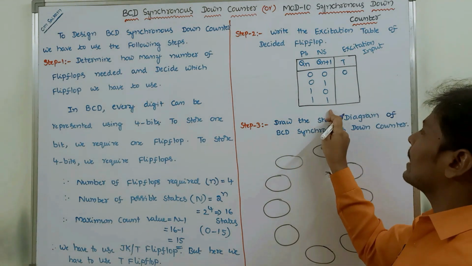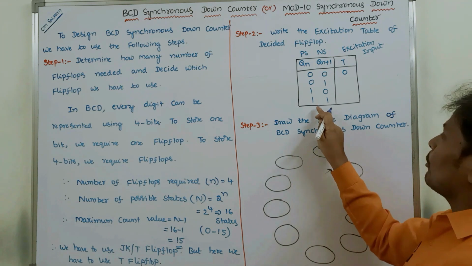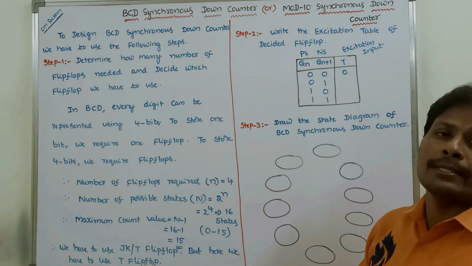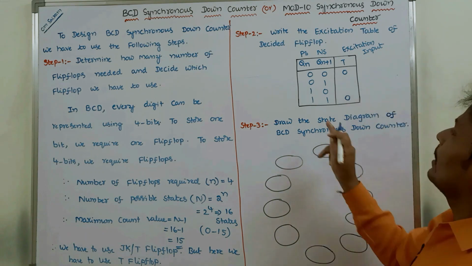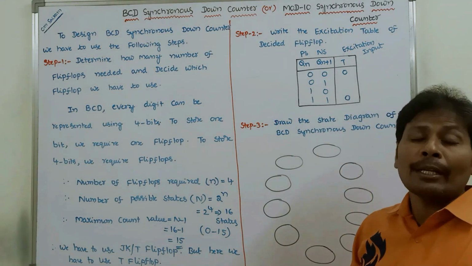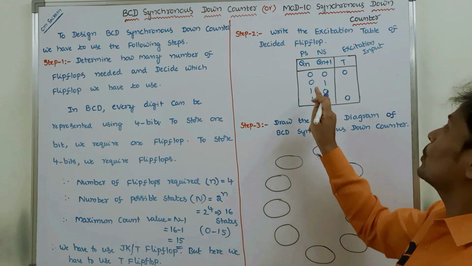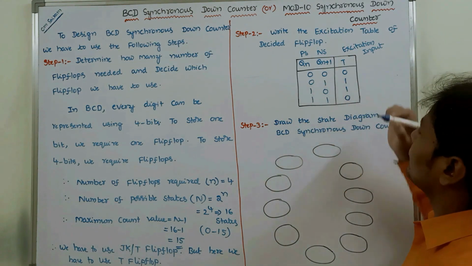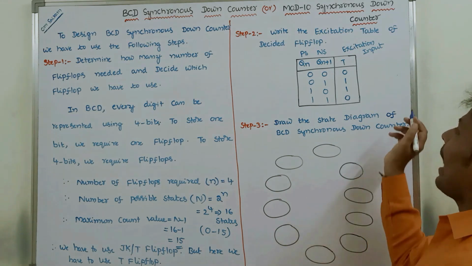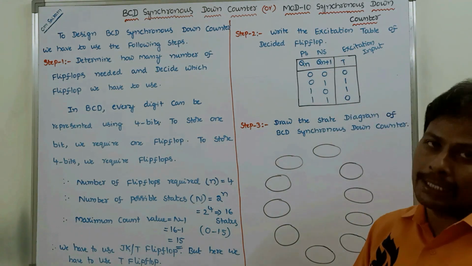Now consider the last case. Here 1, 1. Both bits are same, so that T value is equal to 0. Consider the second row and the third row. Both bits are different, then T value is equal to 1. This is the excitation table of T flip-flop.